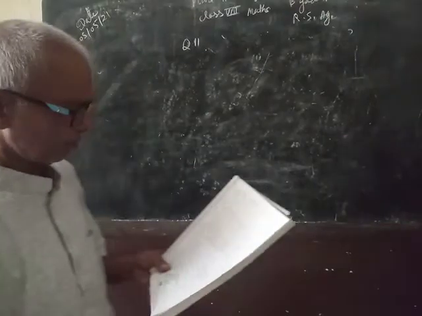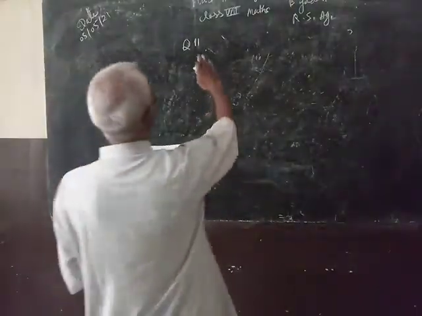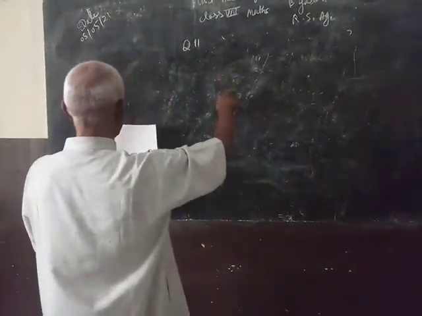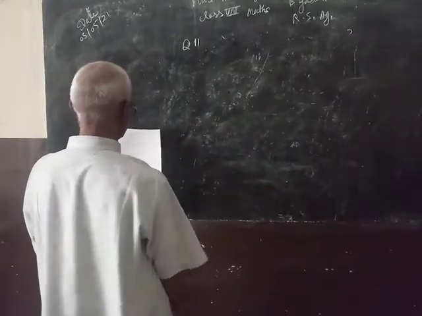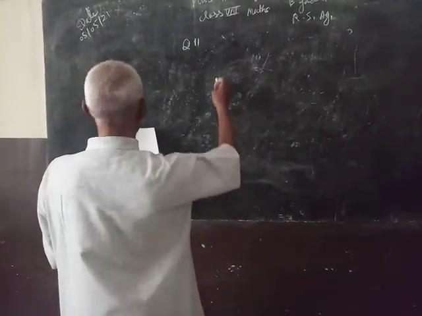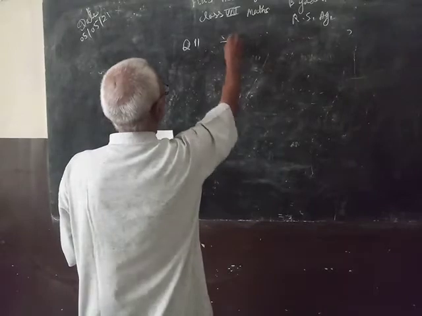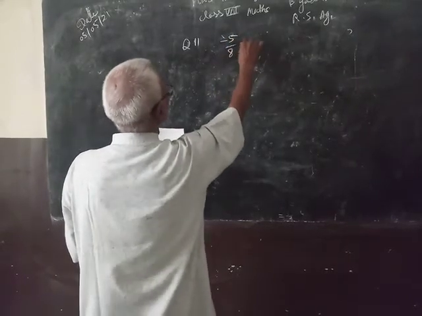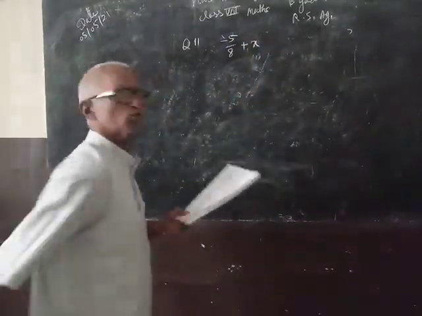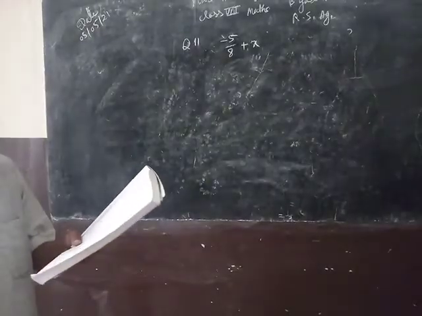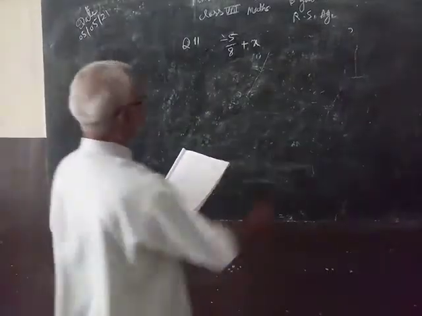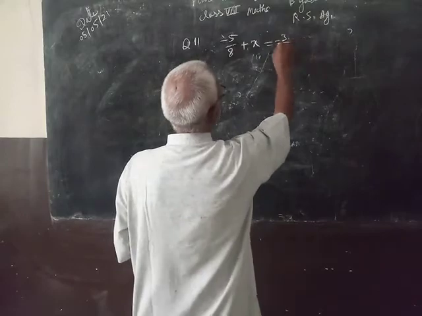So, question 11, what should be added? You can use x, let x be added. So minus 5 by 8 plus x, if you use algebra like this, minus 5 by 8 plus x is equal to minus 3 by 2.